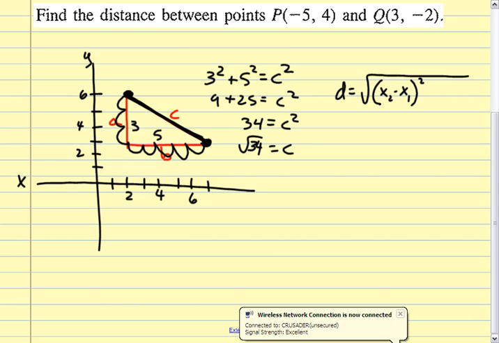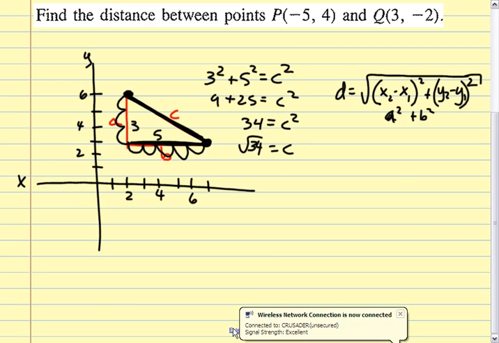Do you see x2 minus x1 is this distance, plus y2 minus y1 squared. That's the distance. But do you see it comes from the Pythagorean theorem? It's just the square root of a squared plus b squared. That's all that it is.